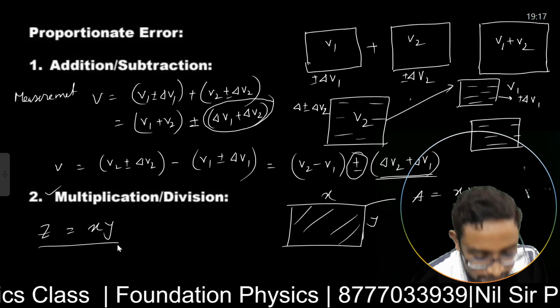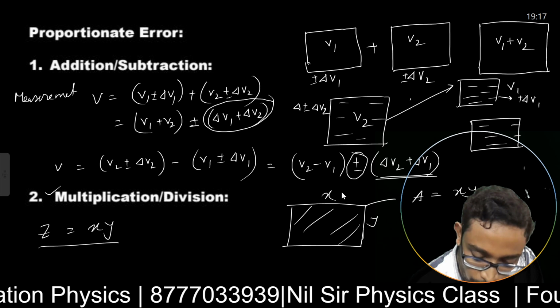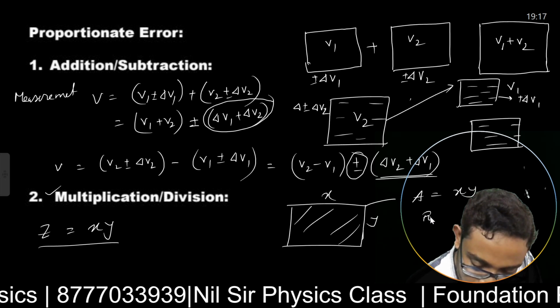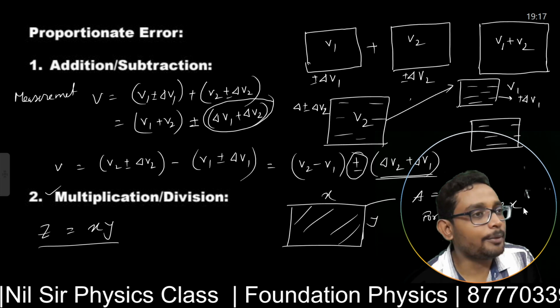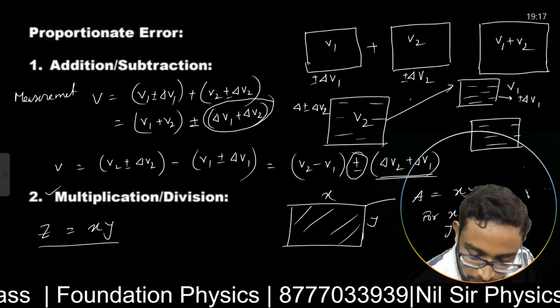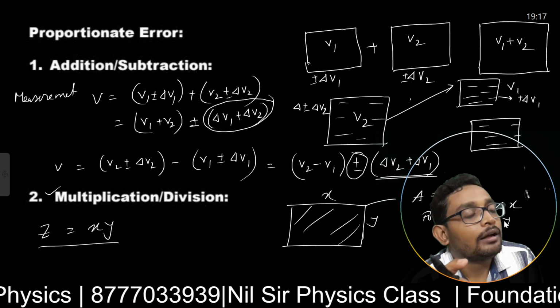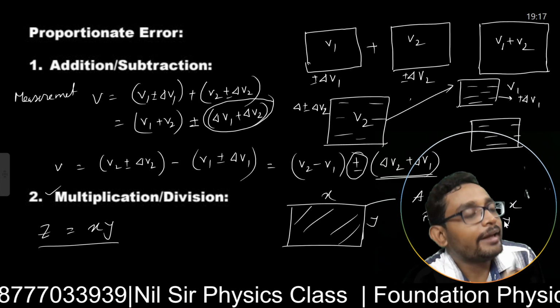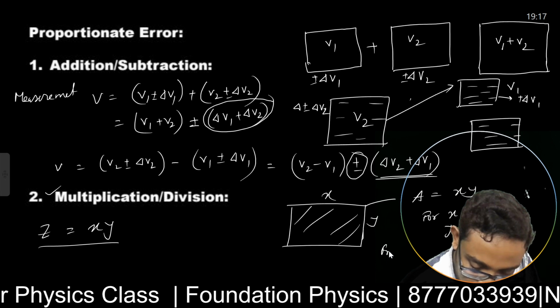So in this case, you made some error delta x in measuring x, and for y, delta y. So we will take the fractional error. What will be the fractional error?